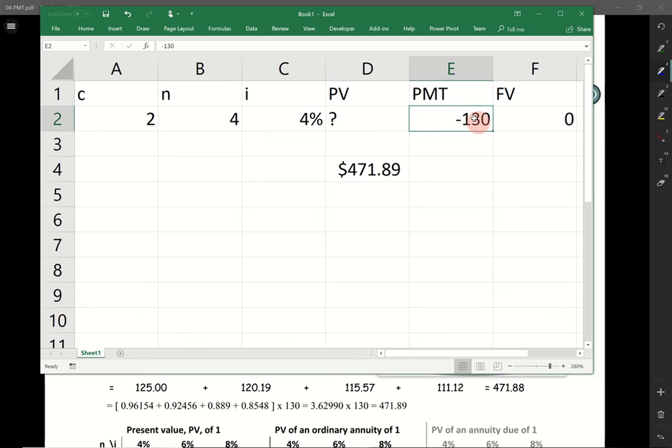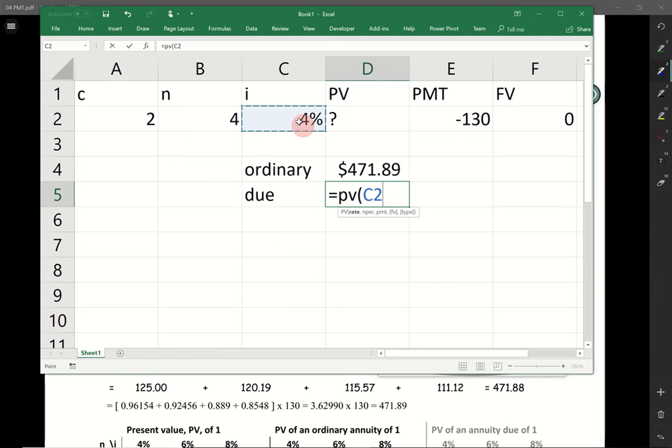So this is ordinary, and if we wanted to do the annuity due, equal PV, then the rate of 4%, same as before. The number of periods, same as before. The PMT, same as before.